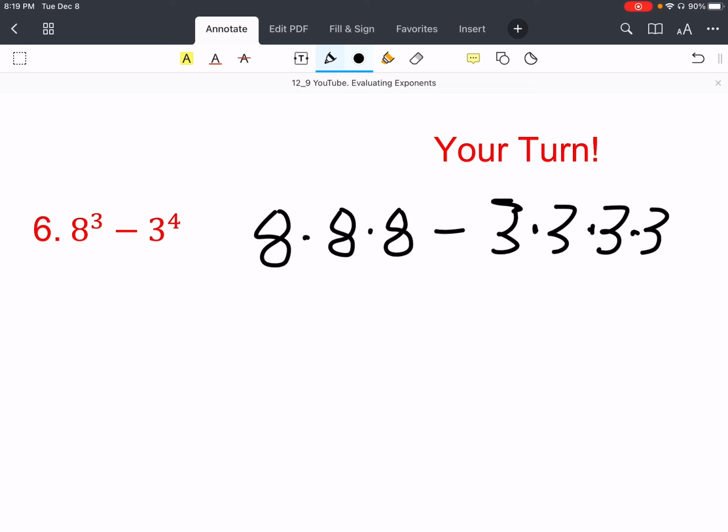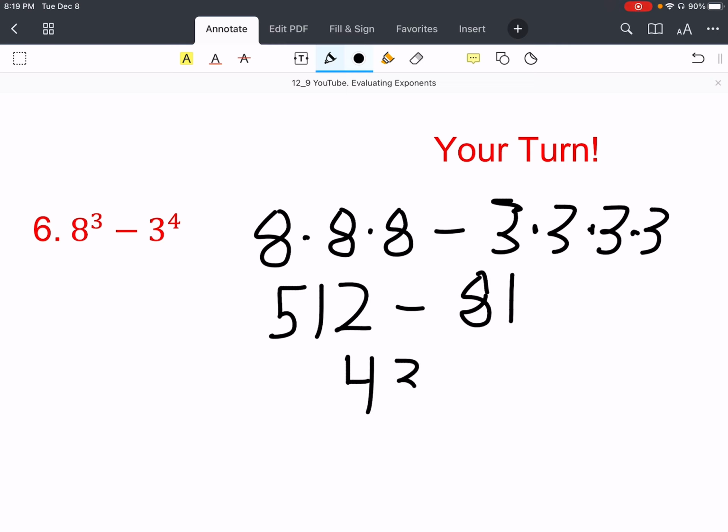There we go. So 8 times 8 times 8 is 64 times 8, which is 512, minus 3 times 3 times 3 times 3, which is 81. And if we subtract 512 minus 81, we should get 431.